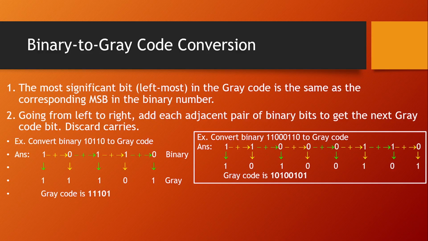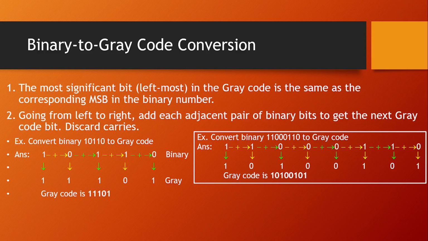Then the leftmost bit is added to its next bit, and only the sum is written as the next gray bit, and we continue in this way. It is important to note that while taking the summation, we take the sum bit only and discard the carry.